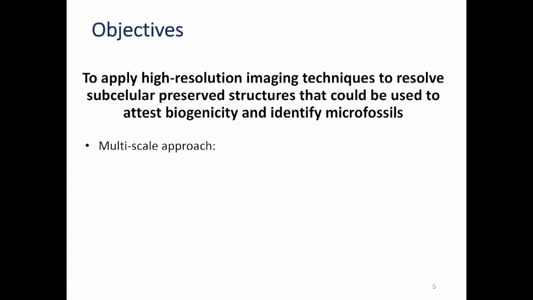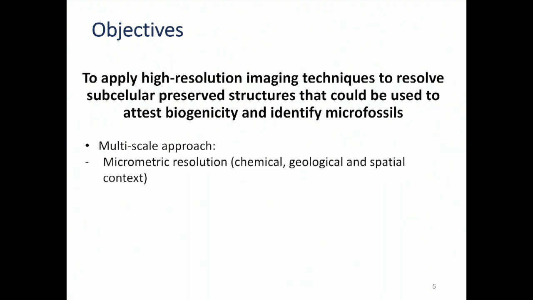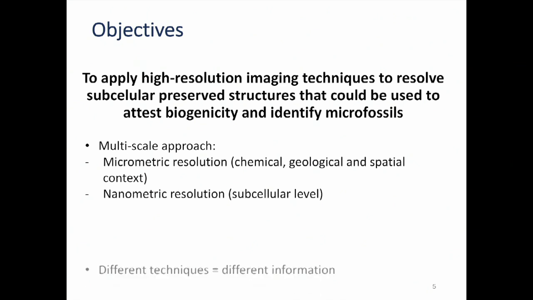We want to go from the micrometric resolution, getting chemical, geological, and spatial context, down to nanometric resolution so that we can go to subcellular level and tell apart the structures that are single cells or singly preserved cells of a micrometer or so.